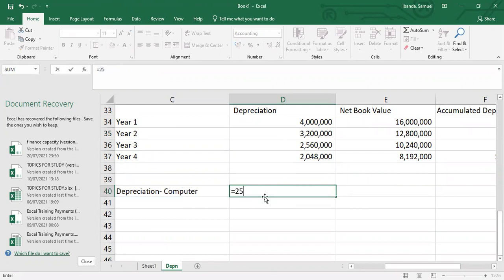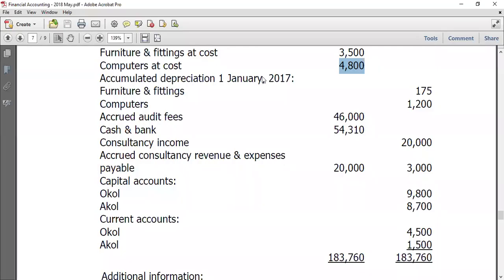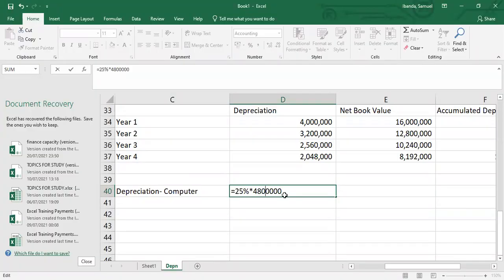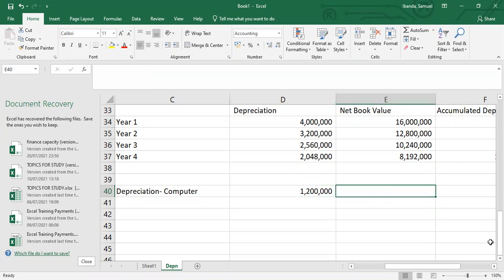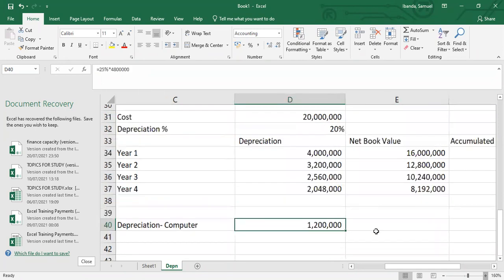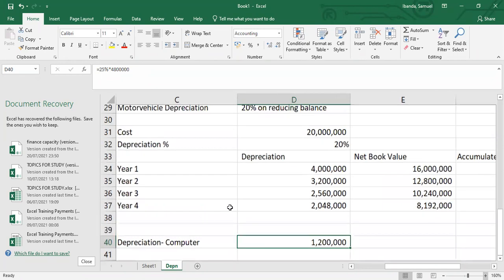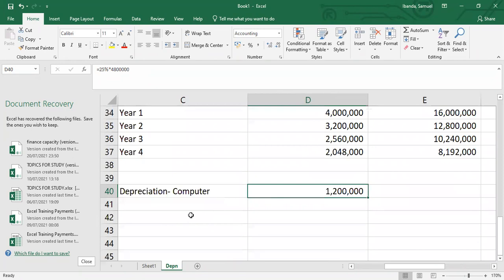I'll put my formula, which is 25% times the computer cost, which is 4.8, like that. So it will give me 1.2. So you have to write this formula, and then you write the answer. If you're writing a written exam, the examiner wants to see this computation, where you've got the 1.2.